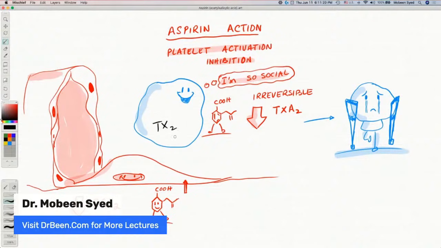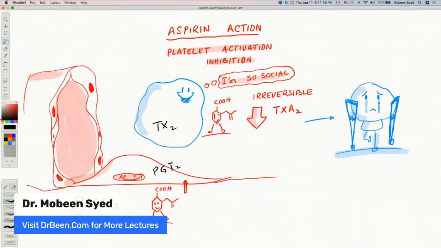Similarly, the endothelial cells, the cells of the blood vessels, make PGI2 or prostacyclin. We talked about that yesterday. Prostacyclin causes platelet aggregation inhibition, right? They stop the thrombus formation. On the other hand, thromboxane A2 causes the thrombus formation.